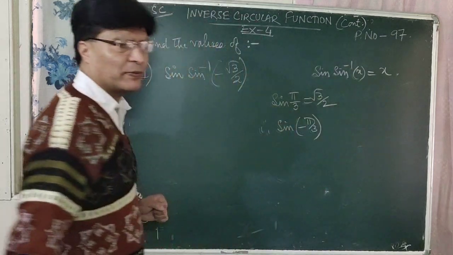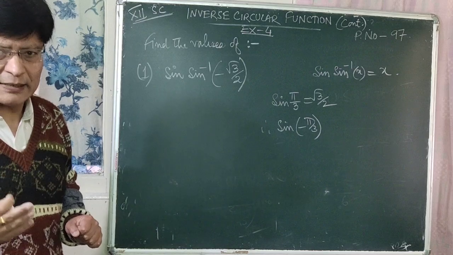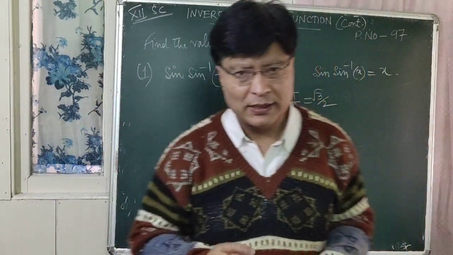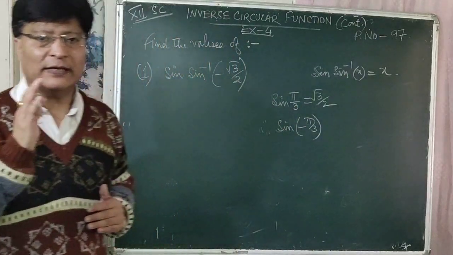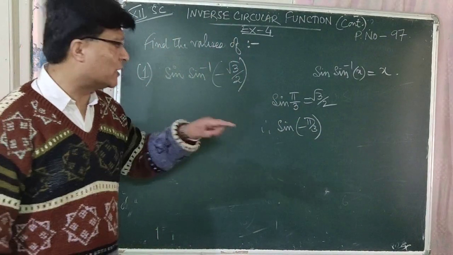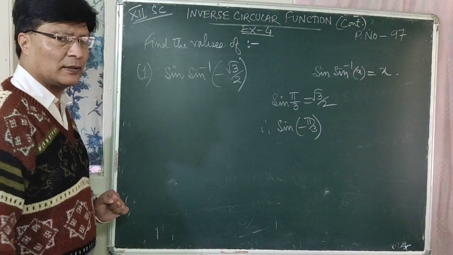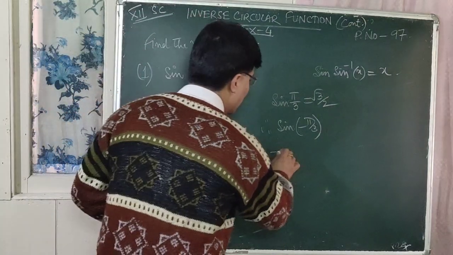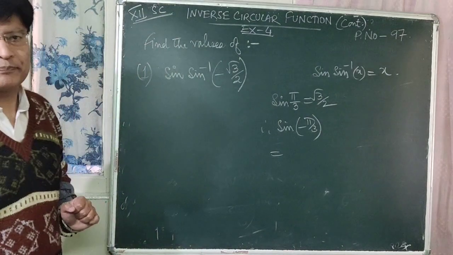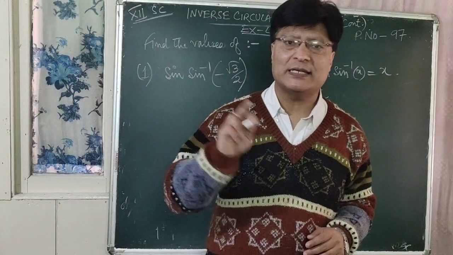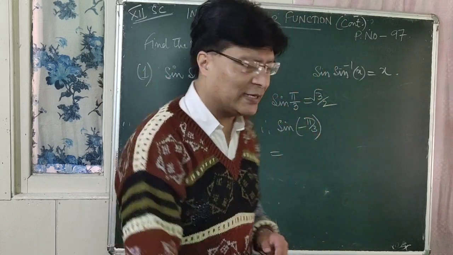You can make it sine of minus theta. So minus theta always lies in the fourth quadrant and sine is always negative in the fourth quadrant. So that's why you can put the minus sign here. Okay? So what is sine of minus theta? You know from class 11, sine of minus theta is equal to minus sine theta, right?